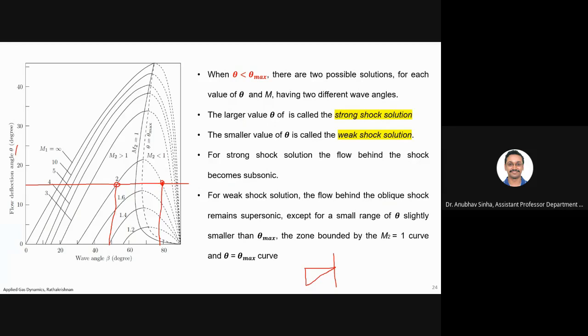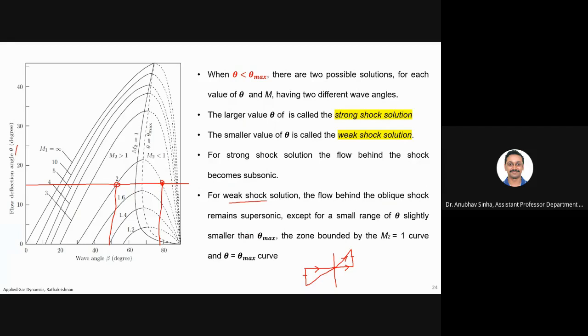When it passes through that shock, the normal component will definitely become subsonic, because it is behaving like a normal shock. But the other component will remain the same. So the resultant vector would be supersonic. That is the point. The resultant vector will be supersonic and it will form a weak shock.